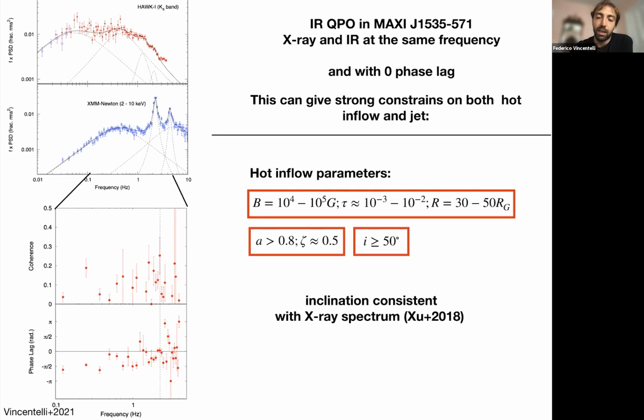For instance, if we try to obtain such a phase lag for the hot inflow model, we have to have an inclination of 50 degrees and a truncation radius of 50 Rg, which is a bit big because we are close to the transition, but it's consistent with what we find with X-ray spectral fits.